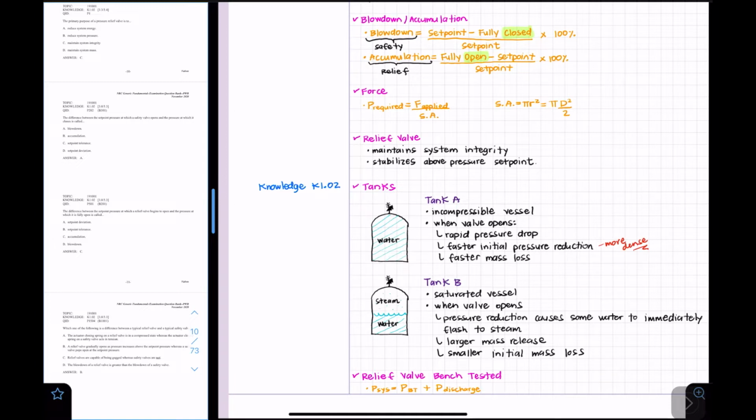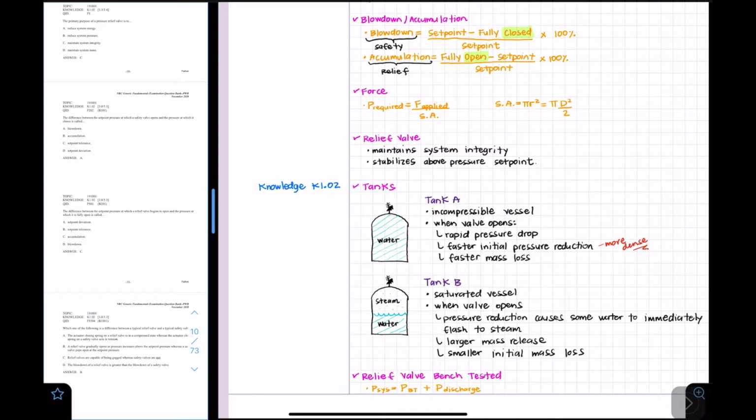If we open the valve, we're gonna release all that steam out. So things that we need to know for the GFEs for tank B: if we have a saturated vessel, when the valve opens, pressure reduction is going to cause some water to immediately flash to steam. We're going to have a larger mass release, but a smaller initial mass loss.